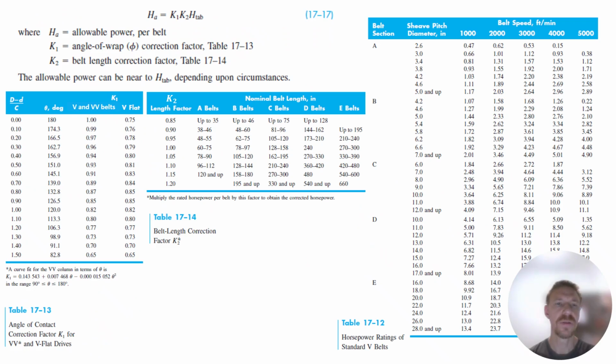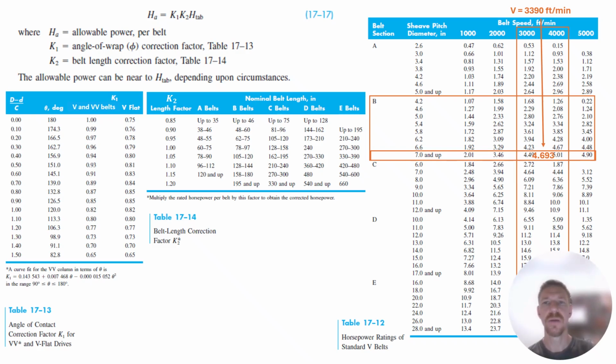So let's apply these to our example. We're looking at all three of these tables at once. We're going to use table 17-12 on the right, then table 17-13, and then table 17-14. We have to start by interpolating to obtain the horsepower rating for a belt that's moving at 3390 feet per minute. So that's between 3,000 and 4,000.